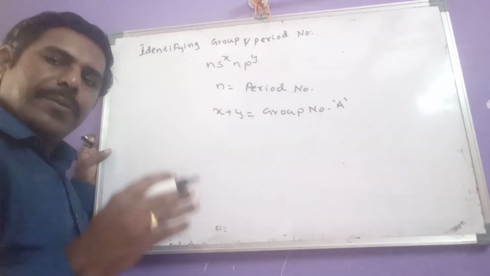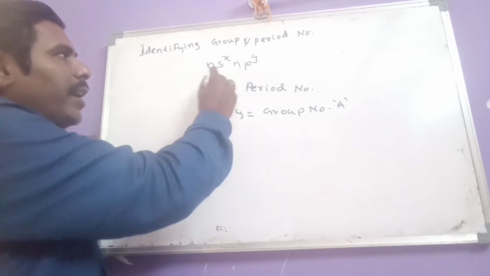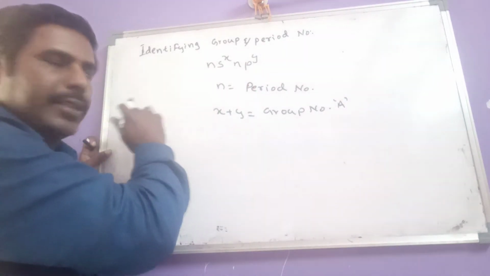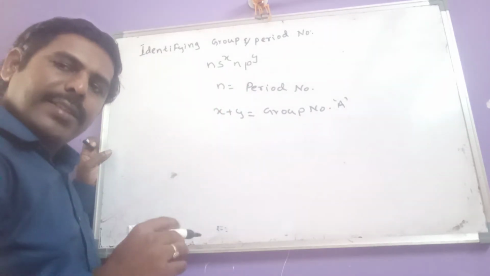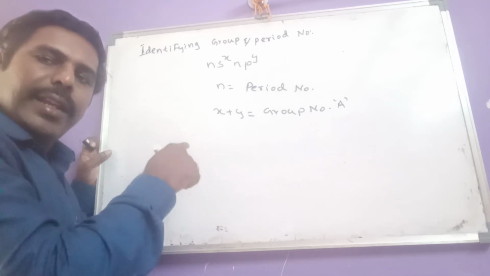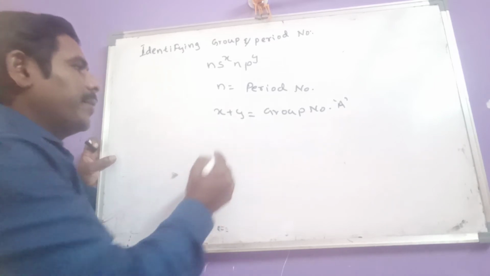That means two types of groups are there now, A groups and B groups. But this is about the outer configuration, not the middle. If only s and p subshells are present and the d subshell is absent, that element belongs to A category.